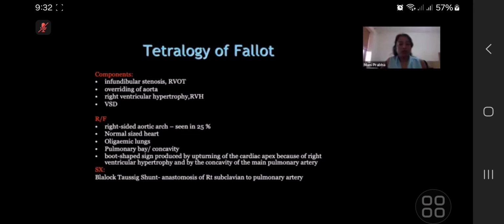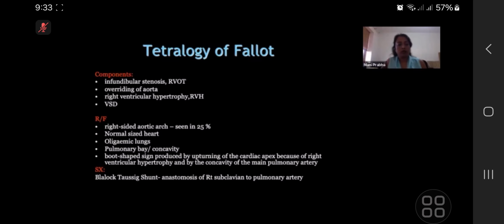The components, as you already described, are infundibular stenosis, overriding of aorta, right ventricular hypertrophy, and VSD. Radiological features: a right-sided aortic arch can be seen in 25% of cases, the heart is normal size, and there are oligemic lung fields.